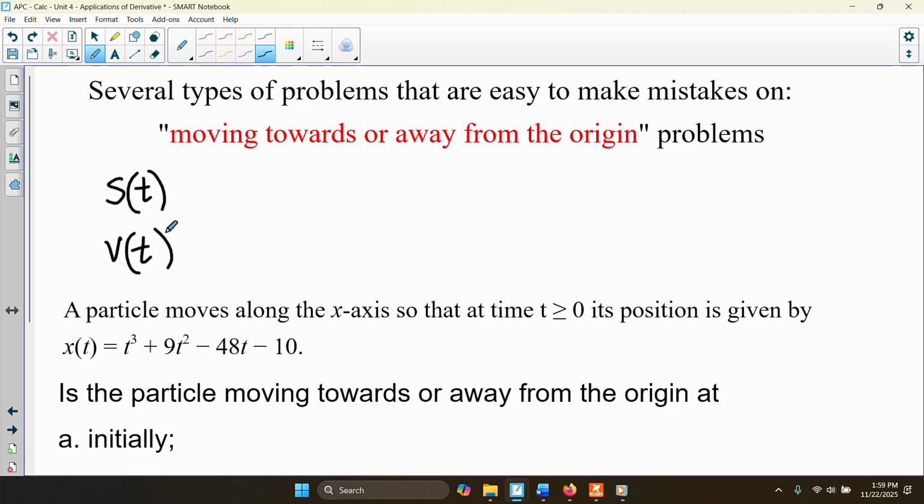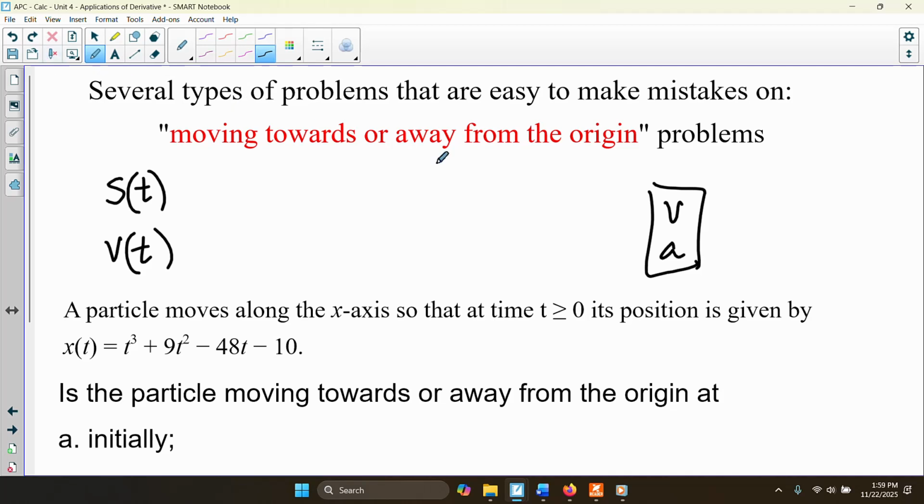Whereas before, when we had questions of something speeding up and slowing down, those tests involved velocity and acceleration, and we compared their positive and negative values. But right now, we are doing towards or away from the origin, which involves position and velocity.